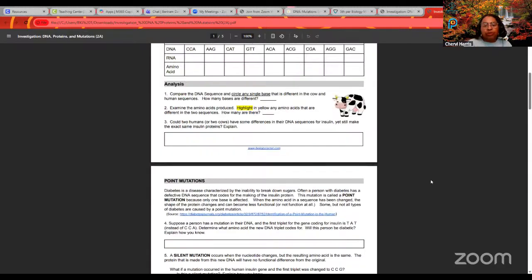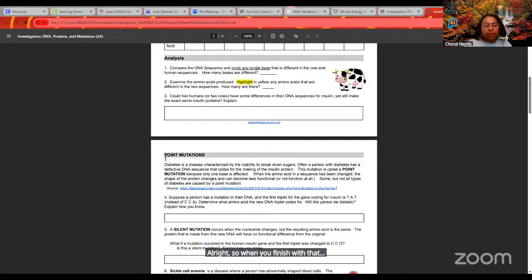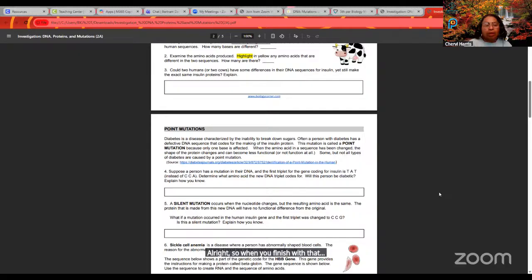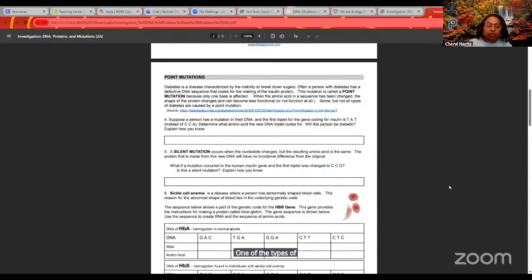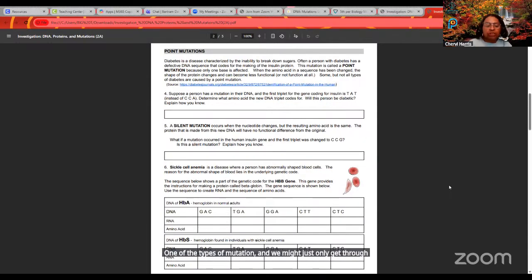All right, so when you finish with that, one of the types of mutation, and we might just only get through this page today.